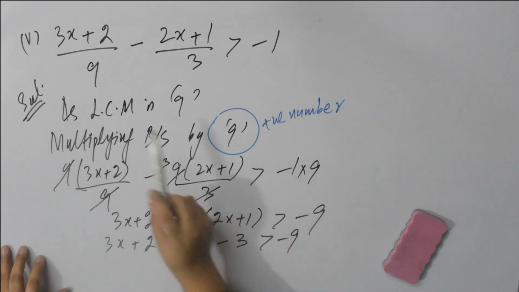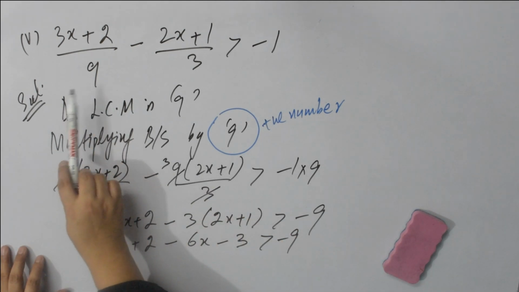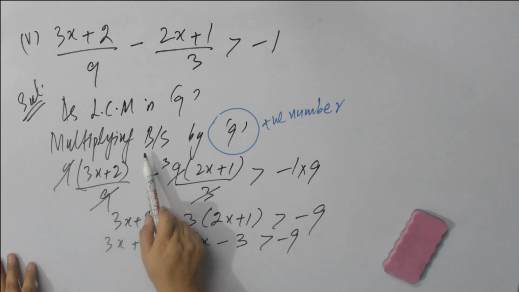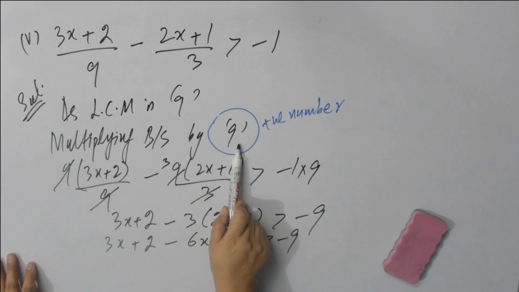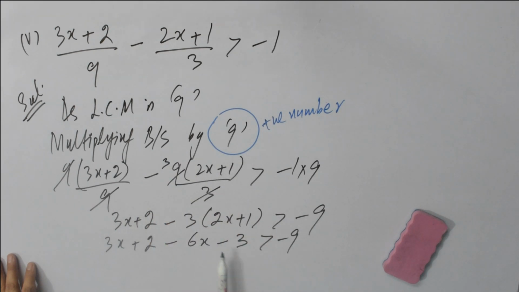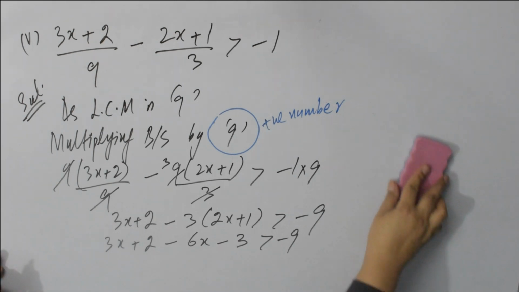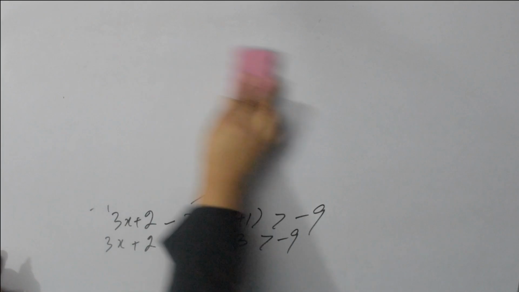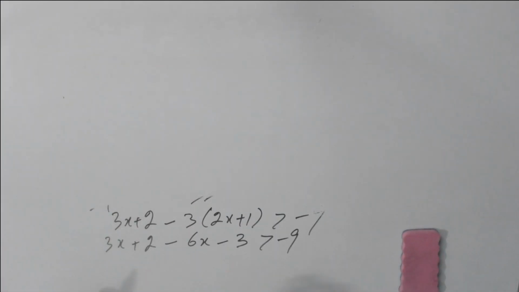What I have done is I have taken the LCM of my right hand side and multiplied both sides by this LCM, which is a positive number. So what is left?